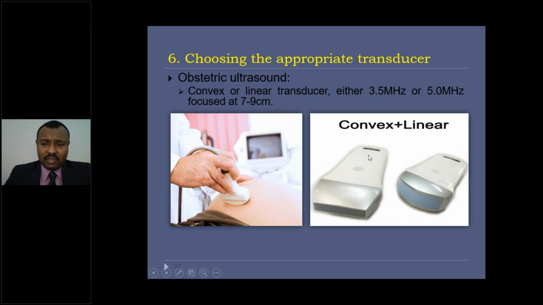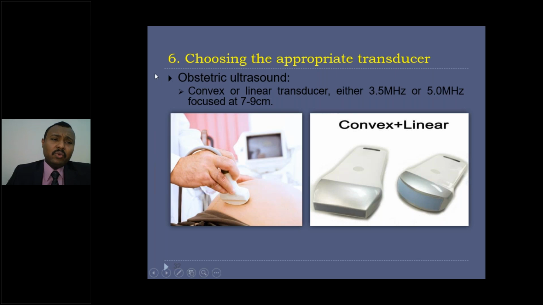People who are expert in ultrasound know that this kind of probe produces high frequency, and when it produces high frequency, it's associated with a high resolution image in the ultrasound monitor. And also the expert knows that this type of probe, known as a convex probe or curved linear probe, produces a lower frequency, but it gives us the ability of penetration, while the ability of penetration is not available well in this type of transducer, which is known as a linear transducer.